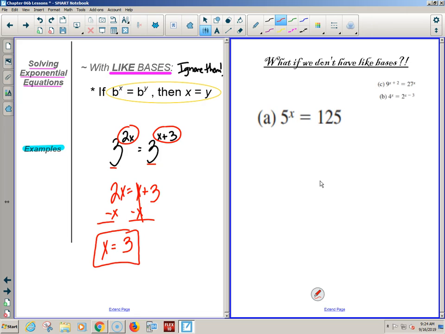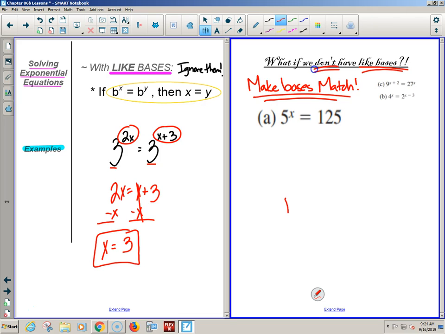What if we don't have like bases? If we have like bases, we just get to ignore them and solve the resulting equation. But what if we don't have like bases? With unlike bases, we make the bases match. That would be 3.